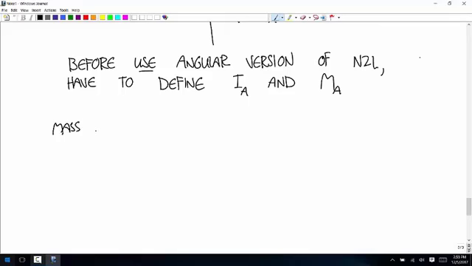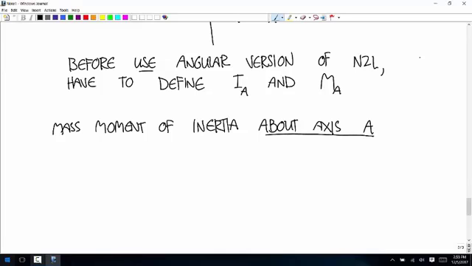So first, the mass moment of inertia about the axis A. And the calculation for this, okay.